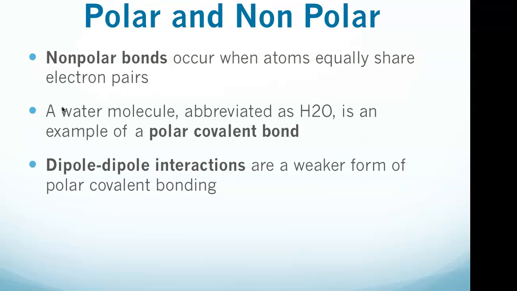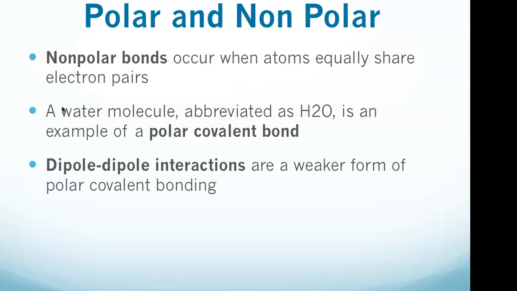And so then we'll also look here at polar and nonpolar covalent bonds. 2 important types of covalent bonds are nonpolar or pure covalent bonds and polar covalent bonds. Nonpolar bonds occur when atoms equally share electron pairs.